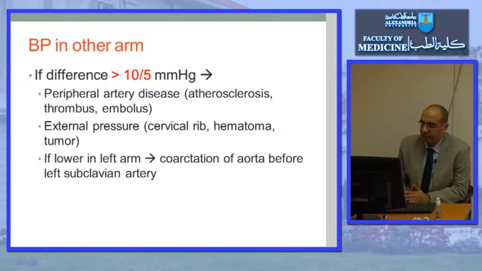So it is accepted to have a difference between both upper limbs up to 10 over 5. When it is more, I should search for decreased blood flow on one side of either arm.